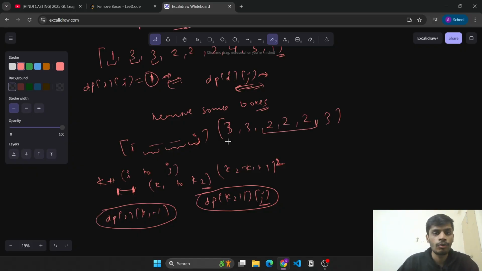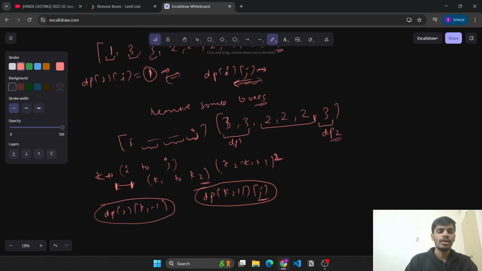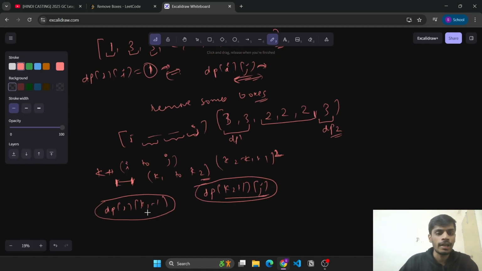So the new DP is DP1 and DP2. The problem is that for k2 plus 1 to j and i to k1 minus 1, we will not be able to recursively know how many elements we need to remove from the right part of this and from the left part of this.